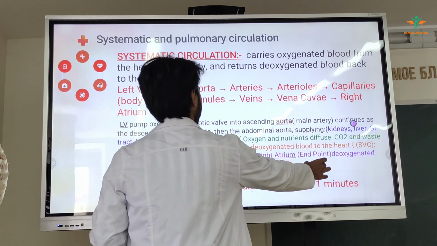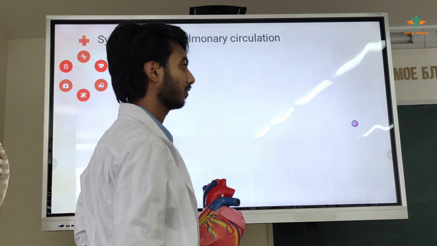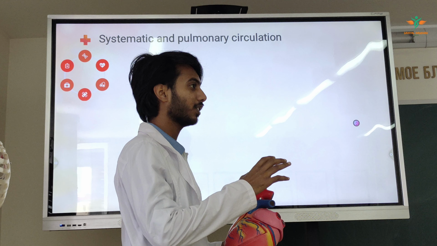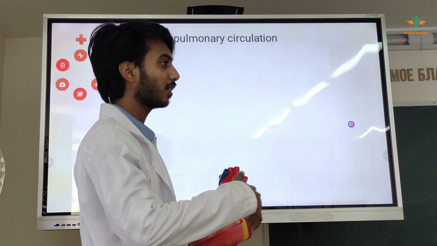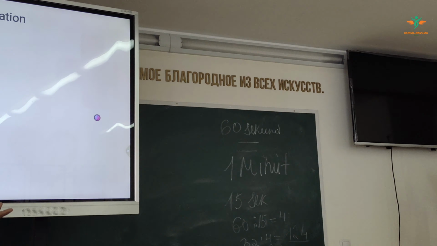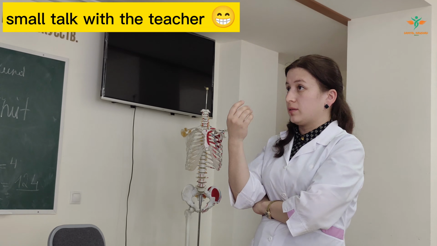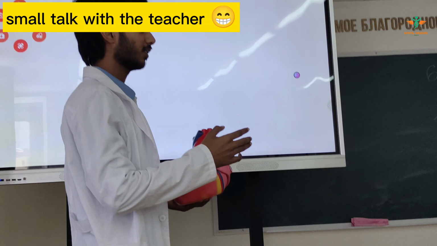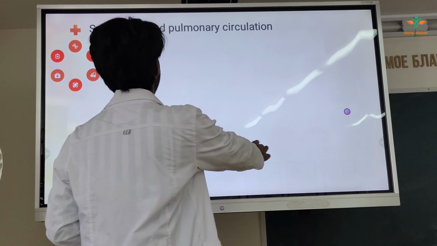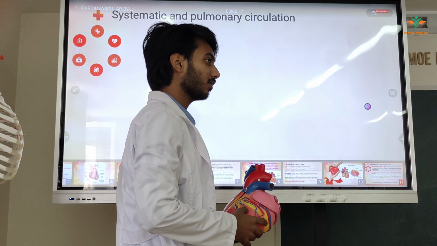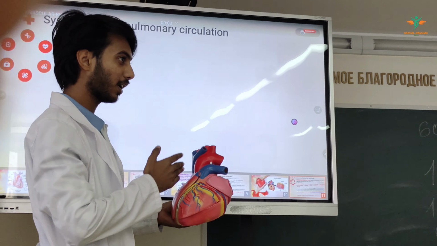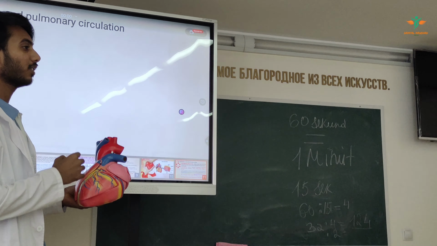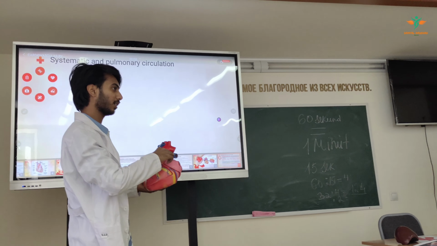Then pulmonary circulation. The human heart has double circulation: after systemic, it comes to pulmonary. Blood comes to the right atrium, then goes to the right ventricle through the tricuspid valve, and then to the pulmonary artery.